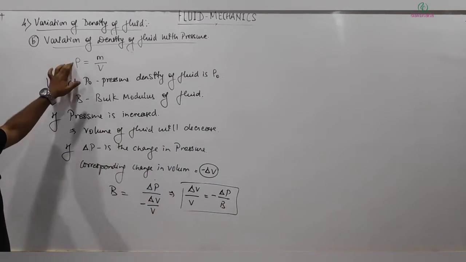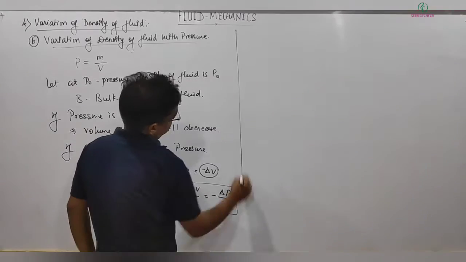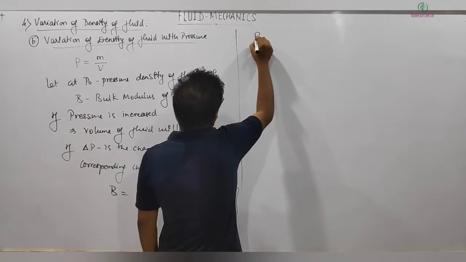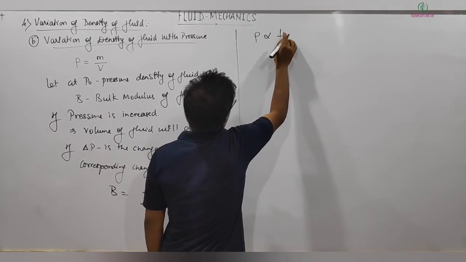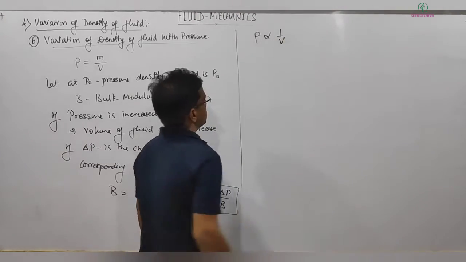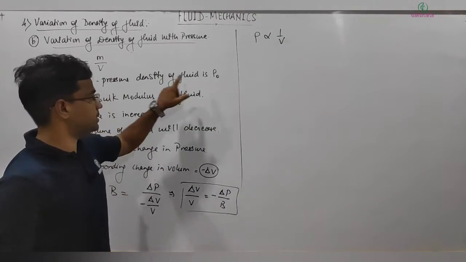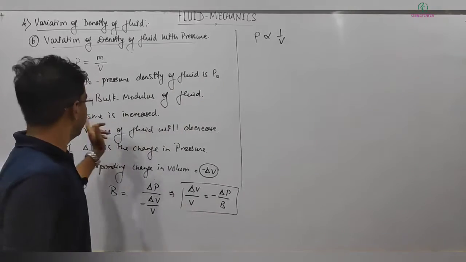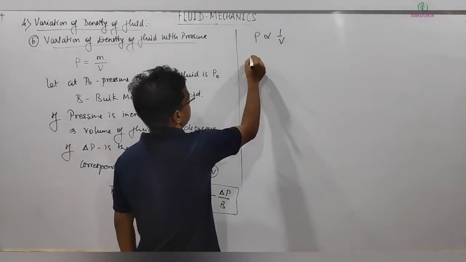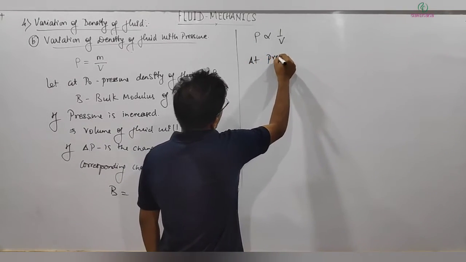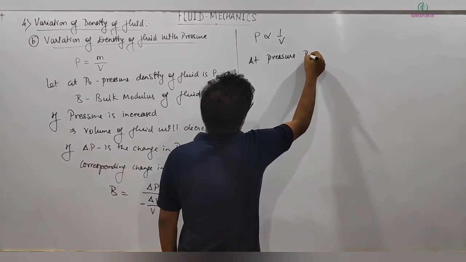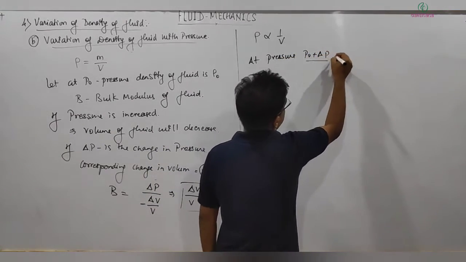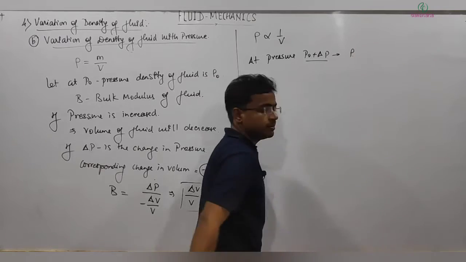And in this situation again I can write rho is inversely proportional to V. So at P naught pressure, rho naught is the density, and at pressure P naught plus delta P, the density becomes rho.